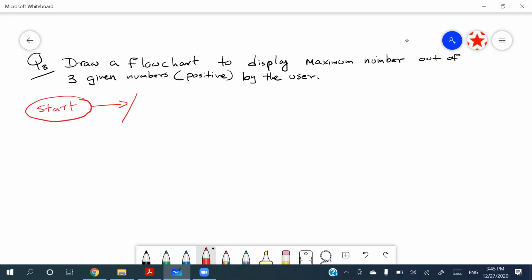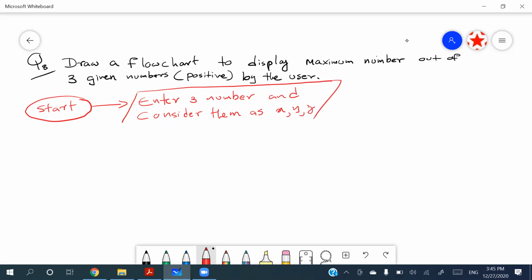So I'm saying enter 3 numbers and consider them as X, Y, and Z. Right, so this is going to be my input statement. Hereafter, I'm going to refer to those numbers as X, Y, and Z.